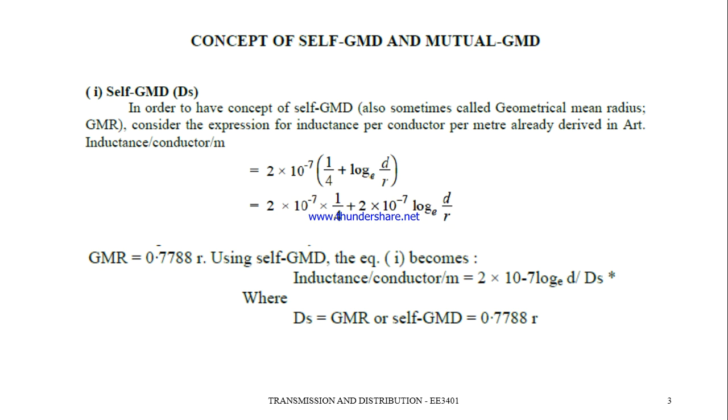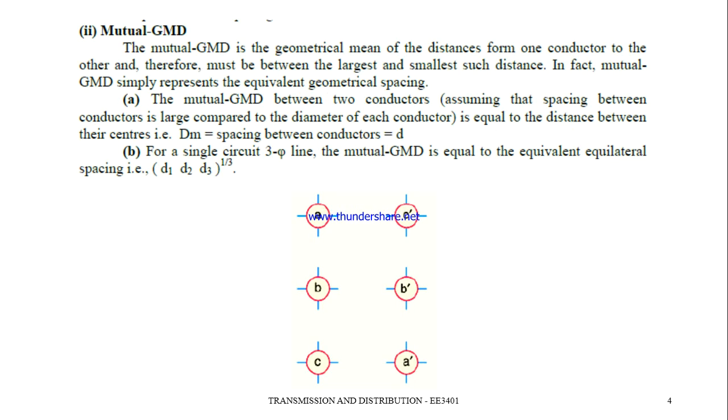It depends upon its own radius, and this GMR value is 0.7788 R. The inductance comprising the self-GMD values is calculated as inductance per conductor per meter, which is 2 × 10^-7 × (1/4 + ln(d/r)). So we take the r value to be 0.7788 r.